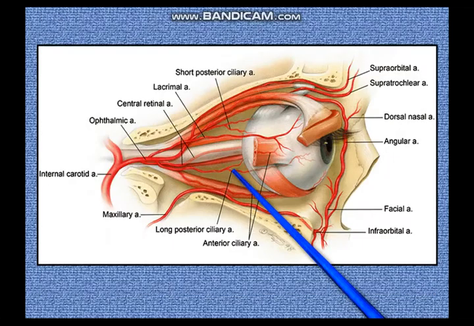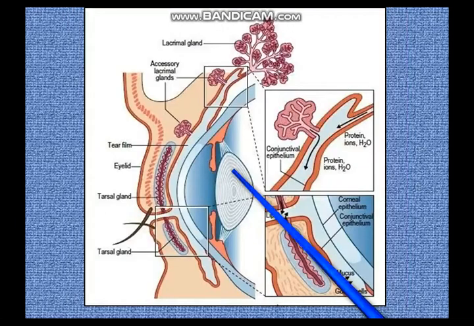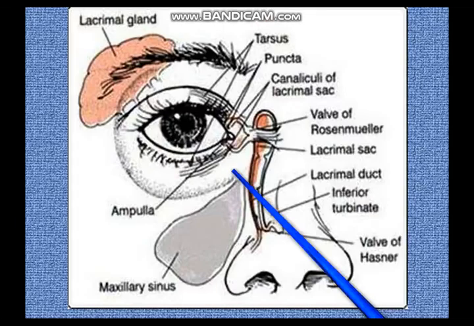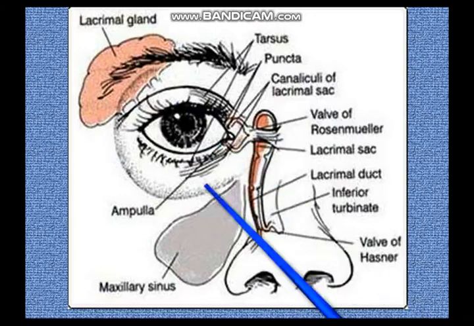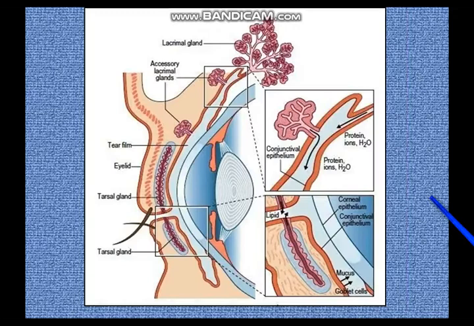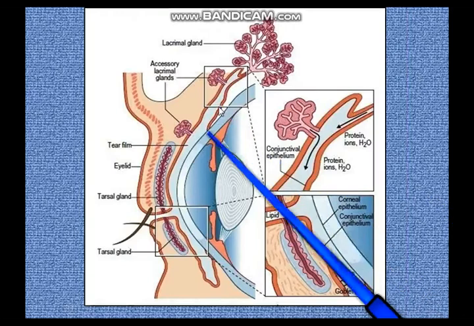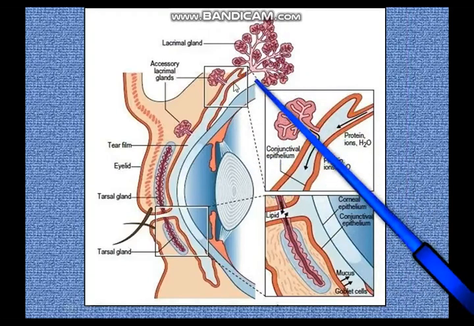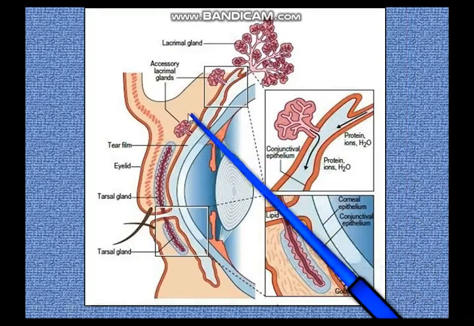Now let's go back to where we were. We were somewhere here. Now after studying the gross properties of the lacrimal drainage system or the lacrimal system, we are going to this diagram, and in this diagram you can make out the main lacrimal gland and the accessory lacrimal glands over here.